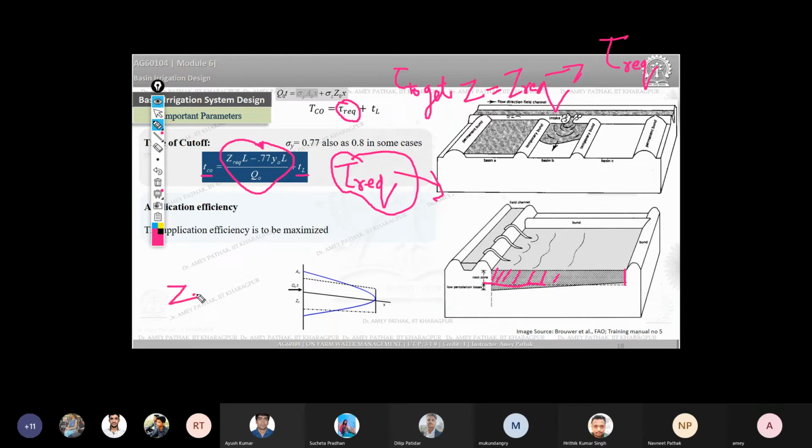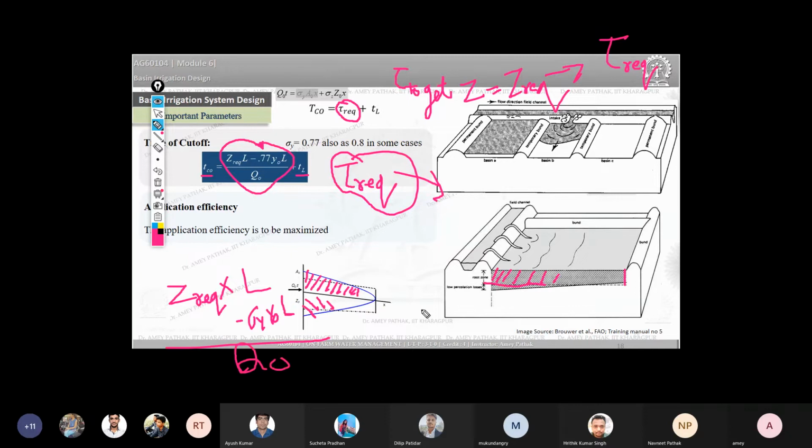This is the infiltration depth we want to achieve for this entire length L. From this we have to subtract this water storage, sigma y into y naught, into L. This whole divided by this q naught.